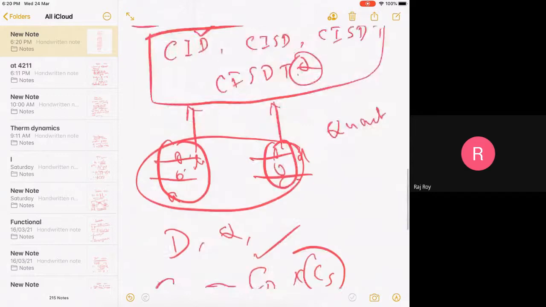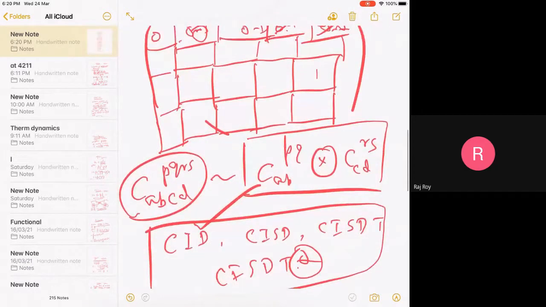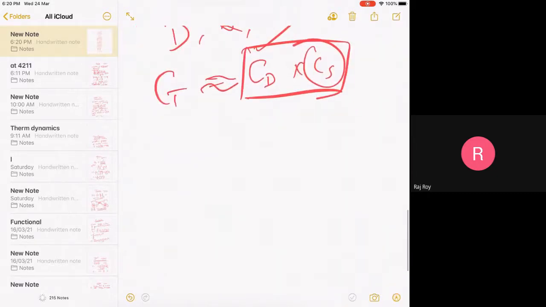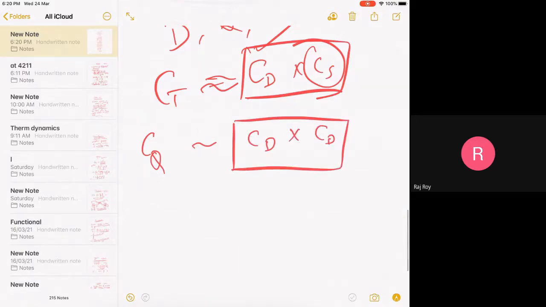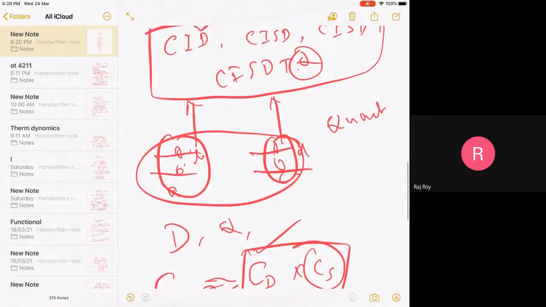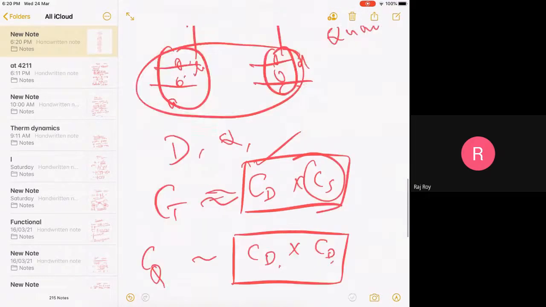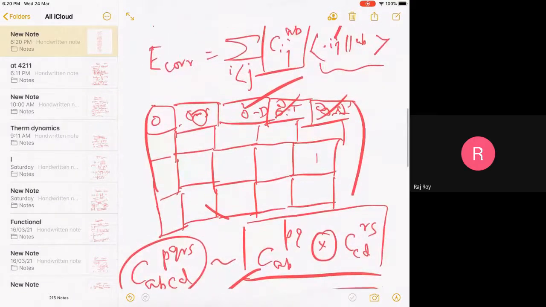For the same reason, because of Brillouin theorem, singles is also very small, so the entire effect drops down. Whereas quadruples, the coefficient of the quadruples can be written in terms of the product of the two doubles, each of which is important. And that is the reason the quadruples are much more important. Of course, it is less than doubles, but it is more important than singles, triples, and so on. So this is only a physical reason that I said. I did not show it. From the CI matrix, you cannot argue and show.